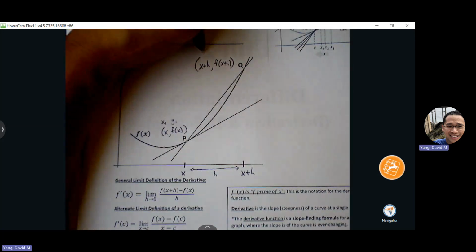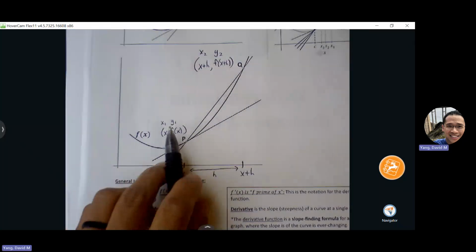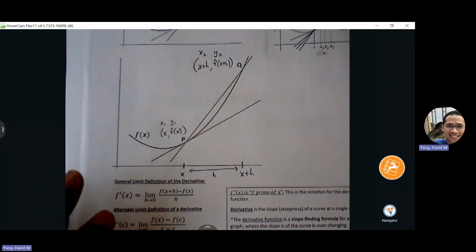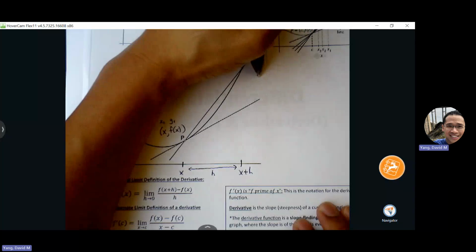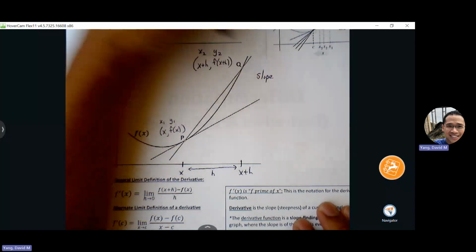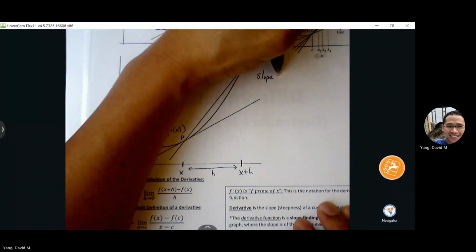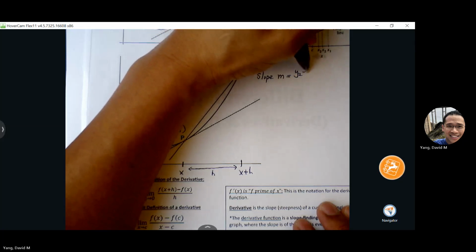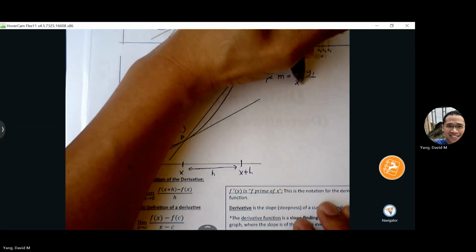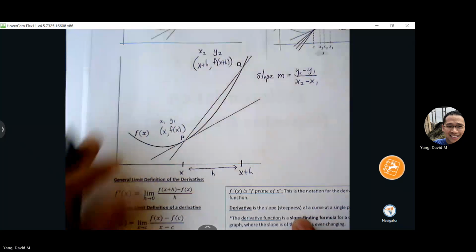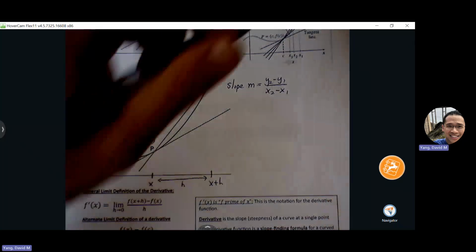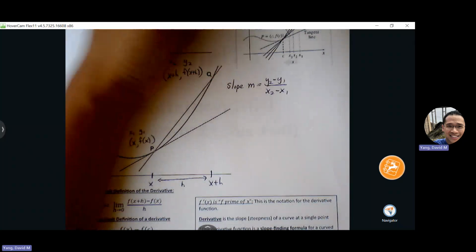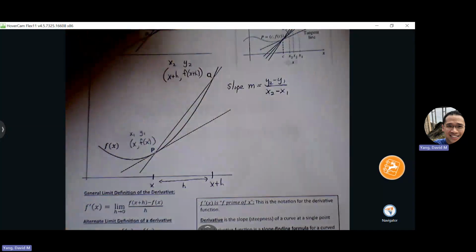So let's call this x1, y1. Let's call this x2, y2. And let's find the slope between these 2 points in function notation. Change in y over the change in x. So y2 minus y1 would just be what?